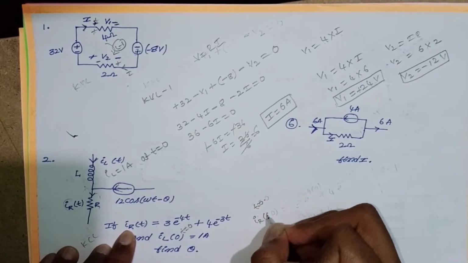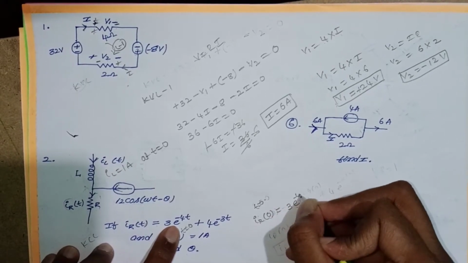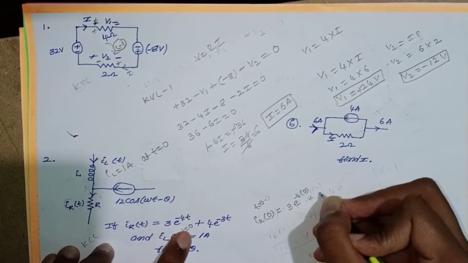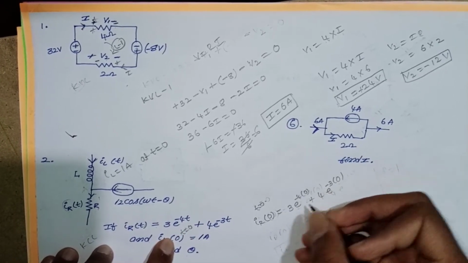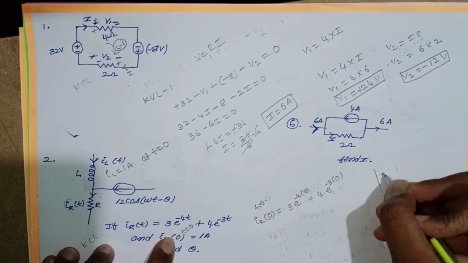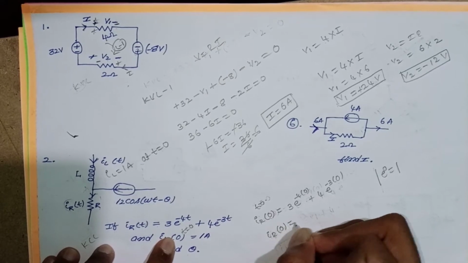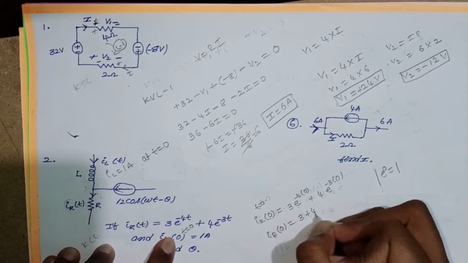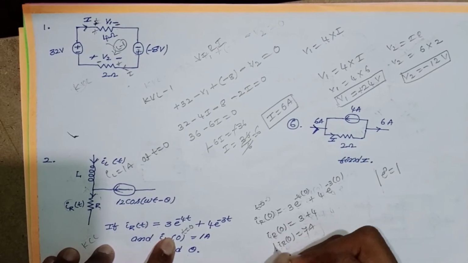IR of 0 is equal to 3 into e to the power of minus 4 into 0 plus 4 into e to the power of minus 3 into 0. E to the power of minus 4 into 0 is e to the power of 0. E to the power of 0 is 1. So IR of 0 is equal to 3 plus 4. IR of 0 is equal to 7 ampere.